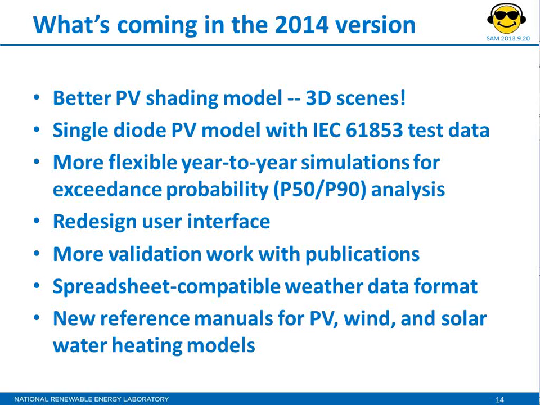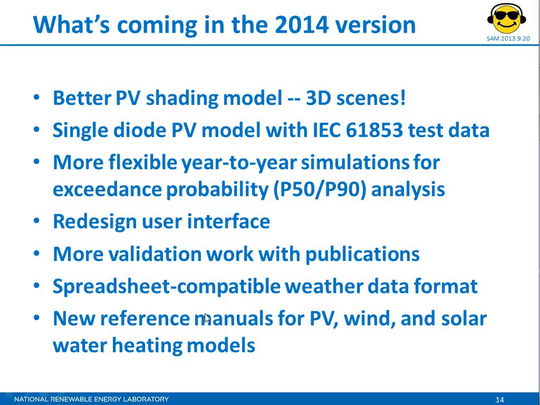Right now it has some limitations that are pretty limiting. So that's going to be coming up in the next version. We're going to try to make some radical changes to the user interface, I hear. So we'll see how that goes. Hopefully things will be easier to use in the next version.